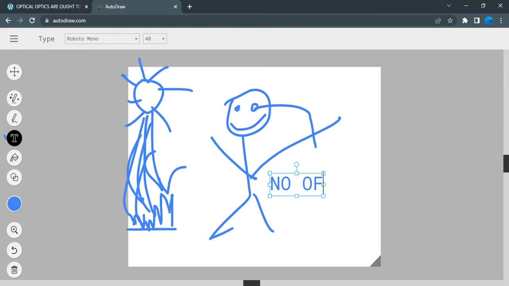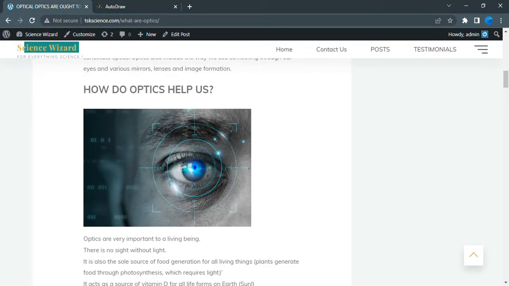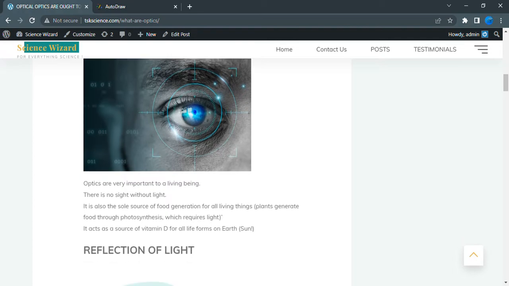The sun, being a source of light, also provides vitamin D to all life forms on earth, be it grass, plants, animals, microscopic organisms, or humans. It provides vitamin D to all organisms on earth.